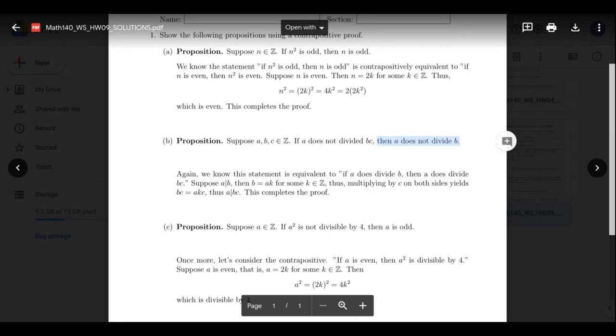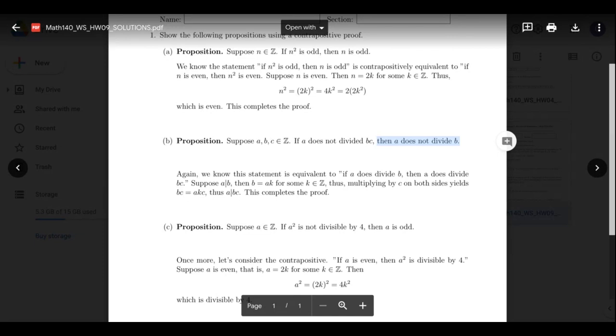Yeah, you're right. A divides b means b can be written as ak. Now what about bc? It can be written as akc, right? So that means a is a factor of bc. Do you see that? A is a factor of bc is exactly the same by notation as a divides bc.